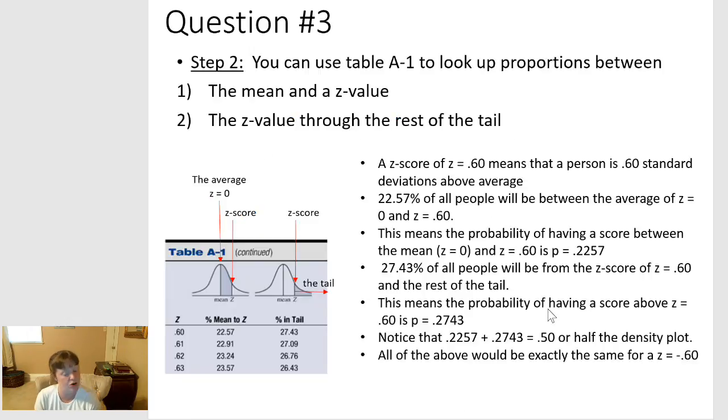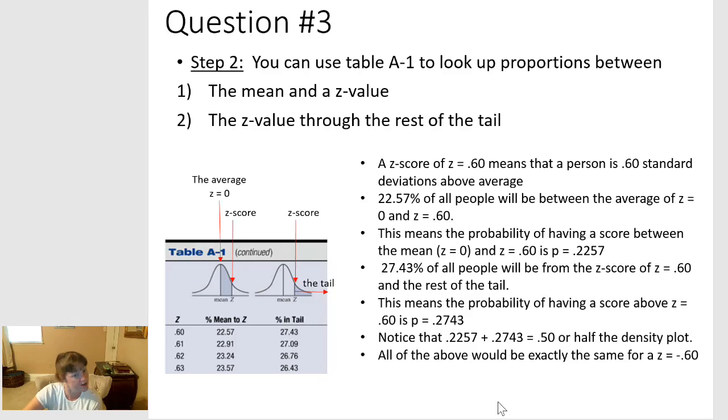And so now here's how you use table A1. I'm just taking a pause from the problem to teach you how to use table A1, and here is a little screen capture from it. Table A1 is called the standard normal table. Over here on the far left-hand side, it has a bunch of z-scores: 0.6, 0.61, 0.62, 0.63.